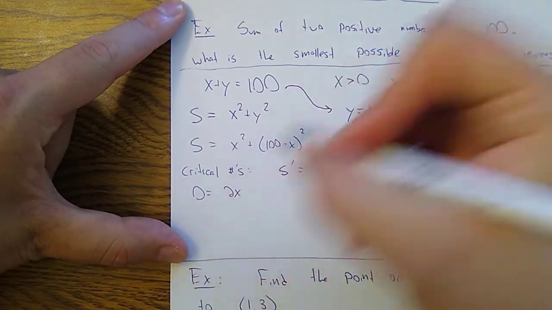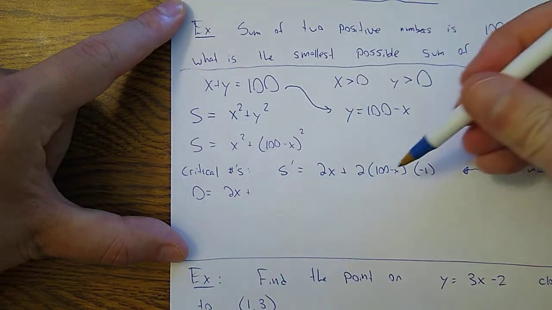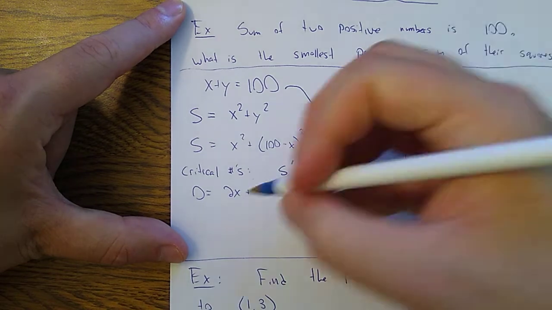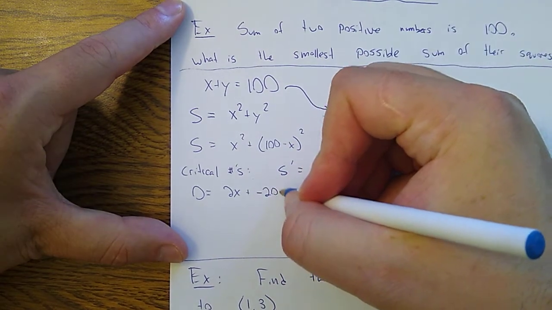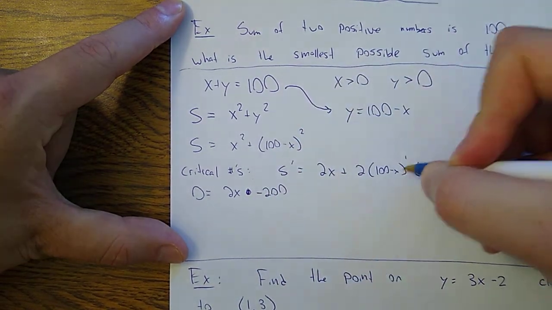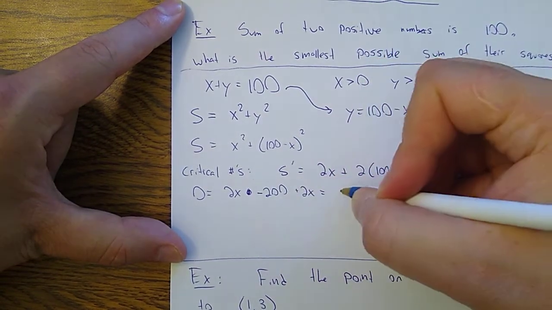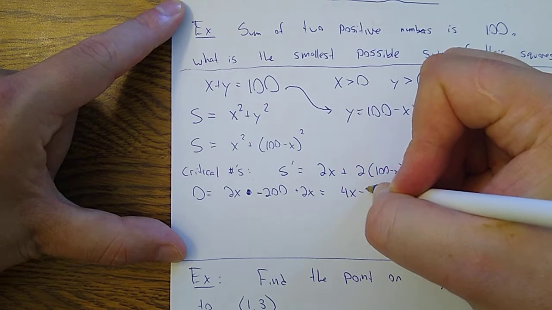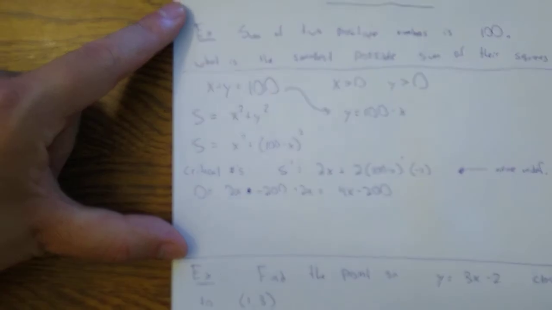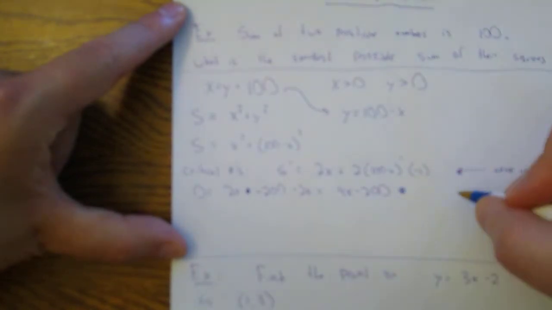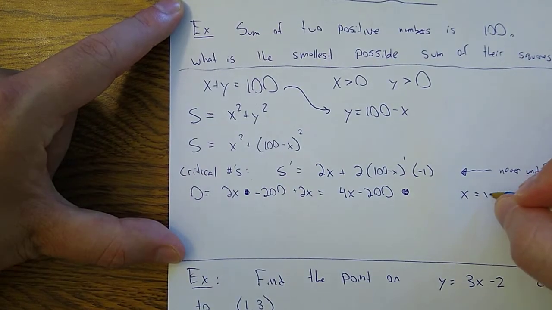So this is 2x plus, multiply this out. I would have 200 times negative 1, so negative 200, and then negative 2x times negative 1, so plus 2x. So 4x minus 200. Setting that equal to 0, I would get the 200 over and divide by 4, I would get x equals 50.